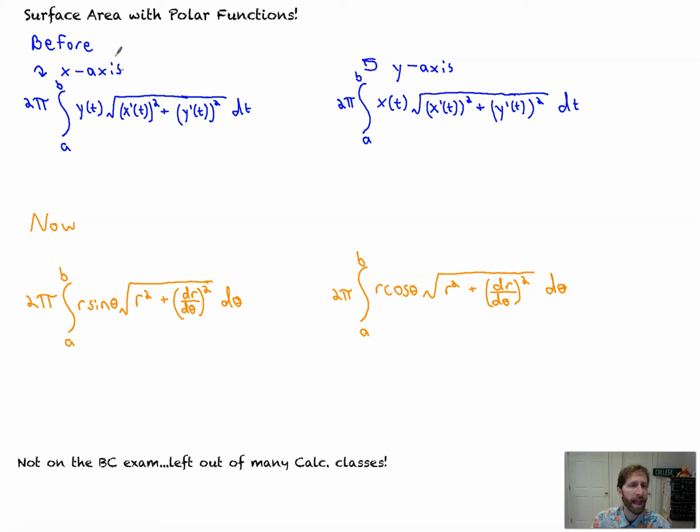So if we're revolving about the x-axis, we had 2 pi, a to b, of y of t times the arc length. Now we would have r sine theta, which is y, times the arc length, but in terms of polar. If we're revolving about the y-axis, well, that would be the x of t times root x prime of t squared plus y prime of t squared, arc length, the 2 pi.